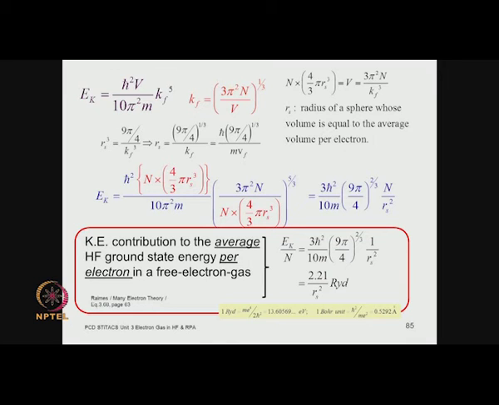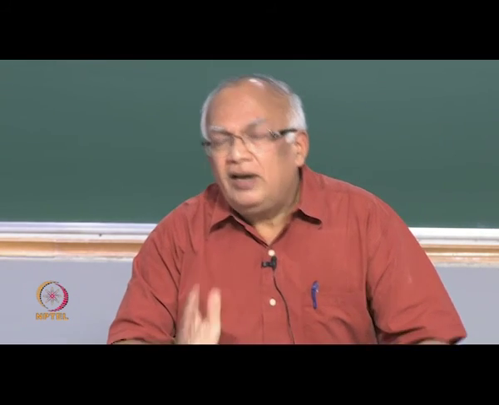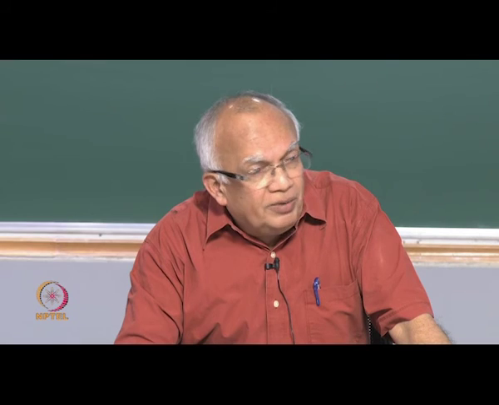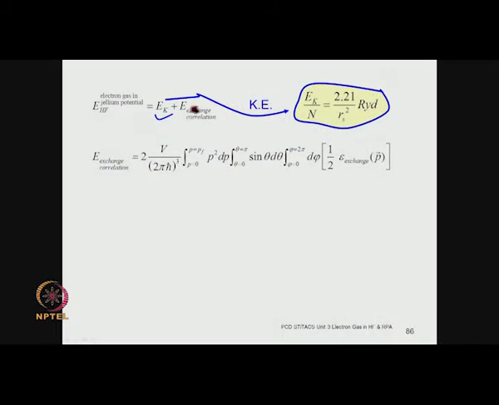Now, is this really correct? We already know that we have to make a correction for the exchange, because this is just the contribution coming from the kinetic energy part. When you make a correction for the exchange, you get a better estimate. But even that is not enough. That is what many body theory is about, and that is what the random phase approximation is about. First of all, we have to make a correction for the exchange correlation term.